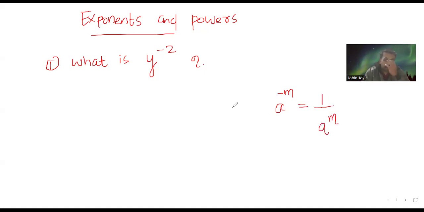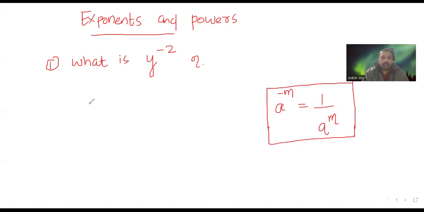So apply this law here, a raised to minus m equal to 1 by a raised to m, so that you will get y raised to minus 2 will be equal to 1 by y raised to 2. So you move this y raised to minus 2 to the denominator and change the sign of the power. So 1 by a raised to m.